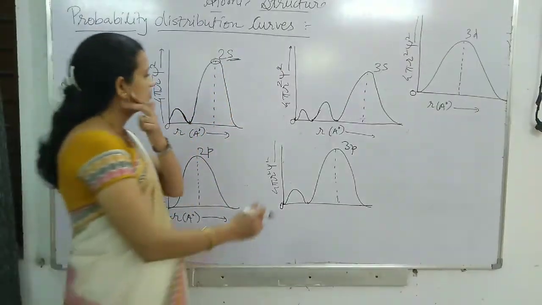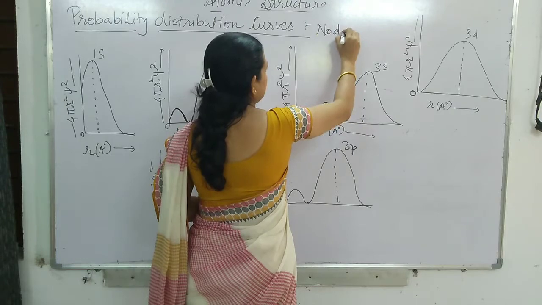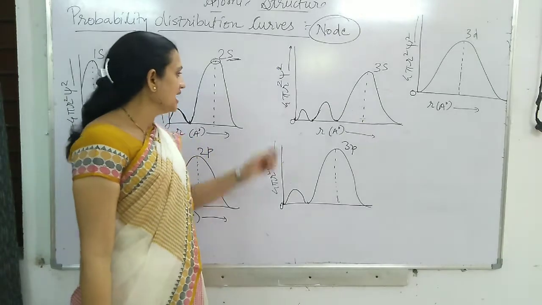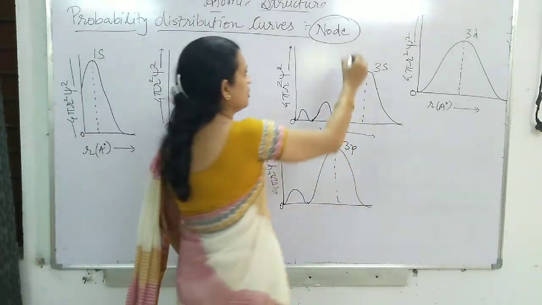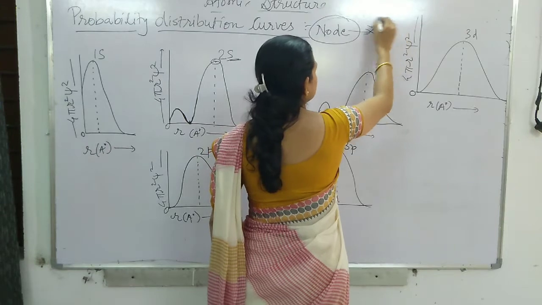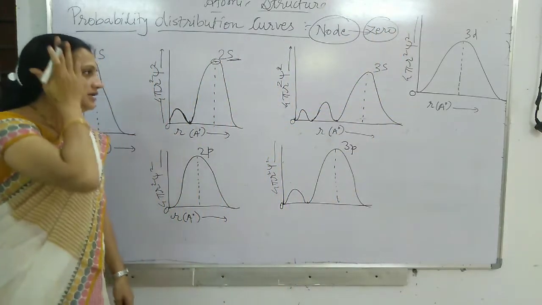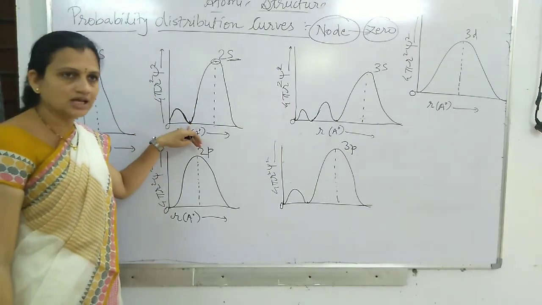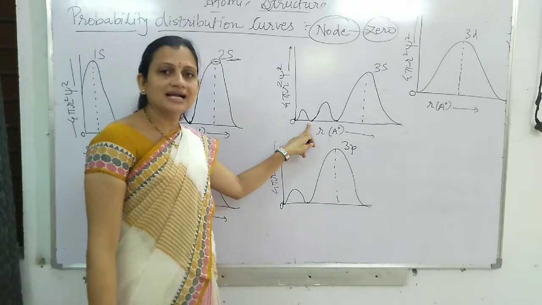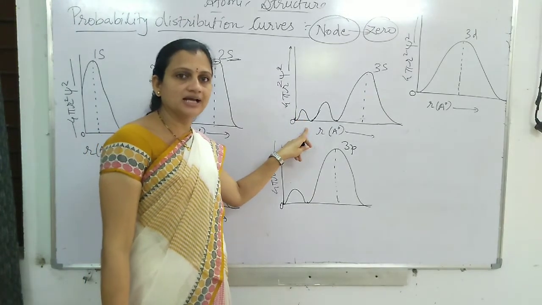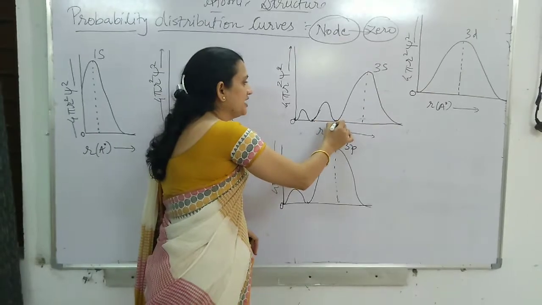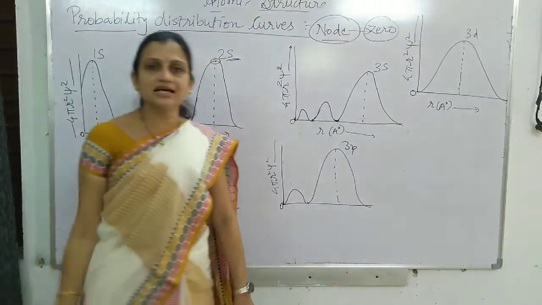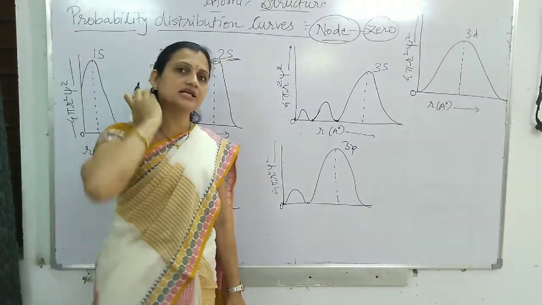These points are known as nodes or nodal points, and at these points the probability of finding an electron is 0. The curve falls down, and at that stage the probability of finding an electron is 0 or minimum. So that point is known as a node, and at the nodal point the probability of finding an electron is 0.